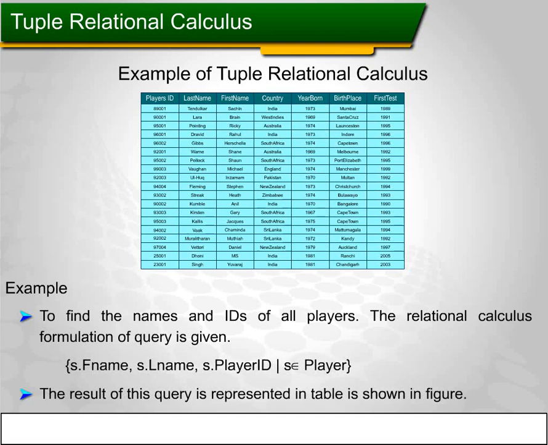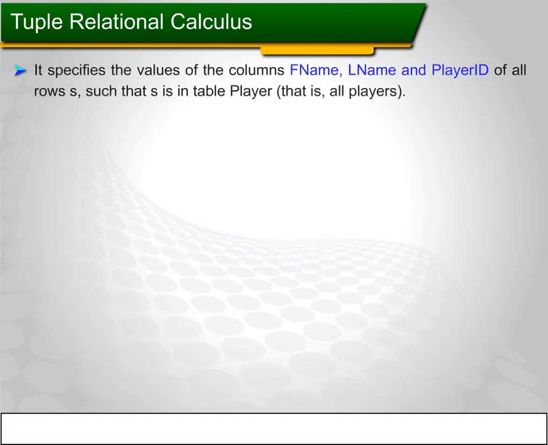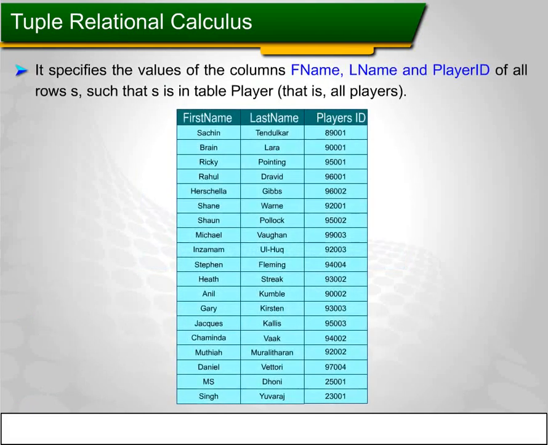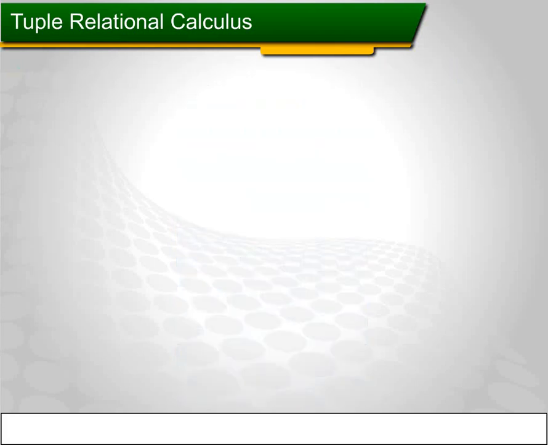The result of this query is represented in the table shown in the figure. It specifies the values of the columns first name, last name and player ID of all rows such that S is in table player, that is, all players.